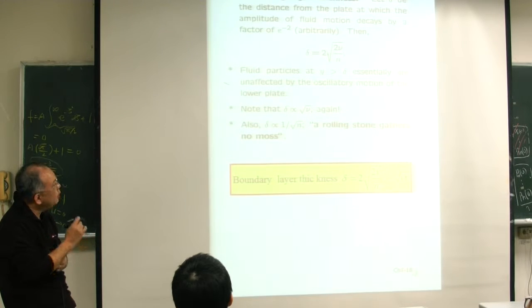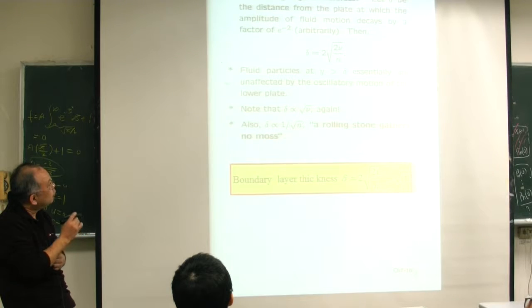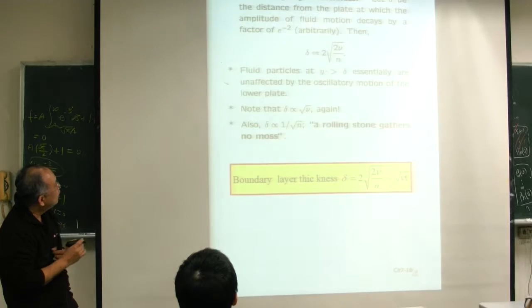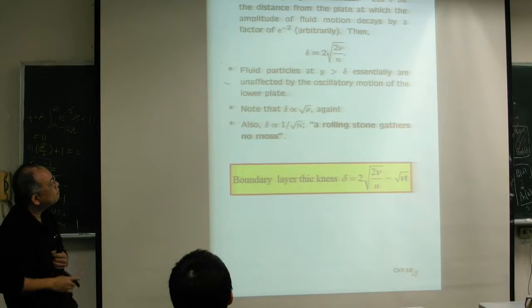If n is small, delta will be large. If n is very fast, that means the oscillation is very fast, the delta will be very small. Delta is proportional to 1 over square root of n. So the faster the oscillation, the smaller your penetration depth, the boundary layer thickness.